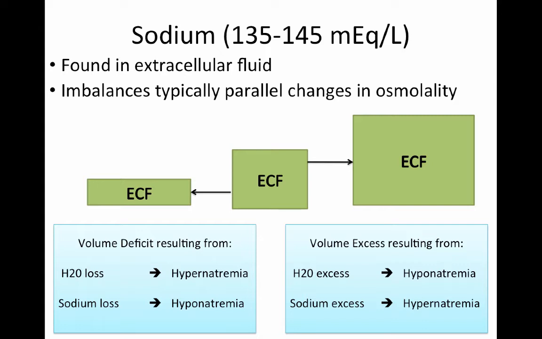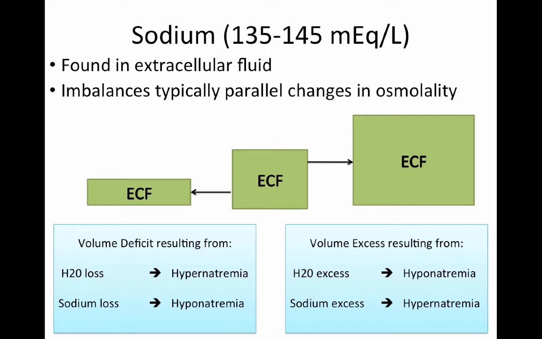So sodium, which is normally found in the extracellular fluid, is normally 135 to 145 milliequivalents per liter. It's important to begin to know your lab values and get that ingrained in your brain. Sodium has a direct influence on blood volume. So when you have an imbalance of sodium, you usually have an imbalance of water, and those imbalances typically parallel changes in osmolality.